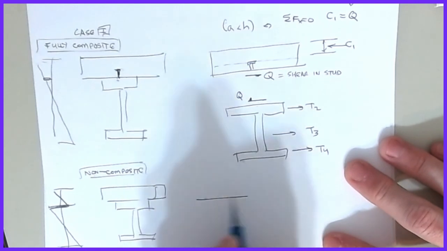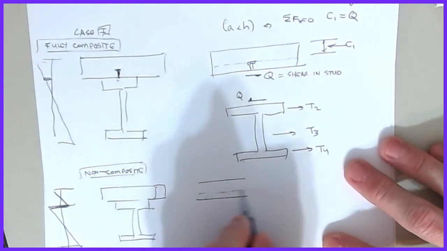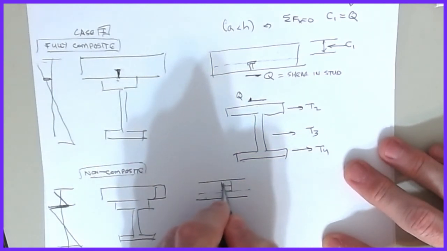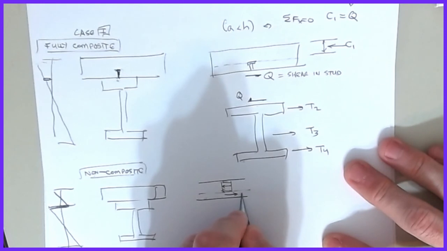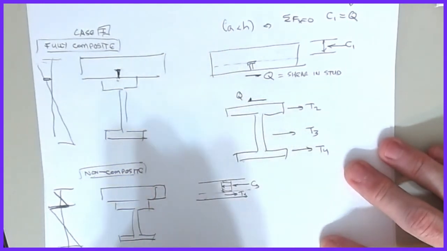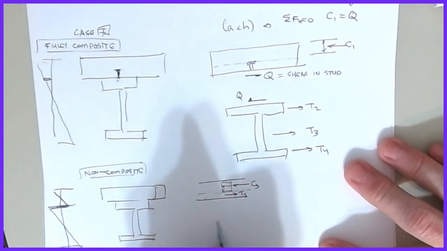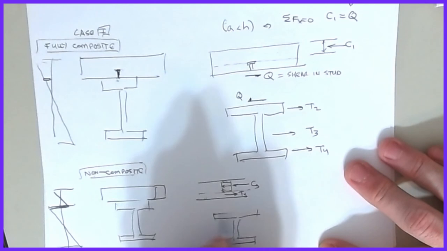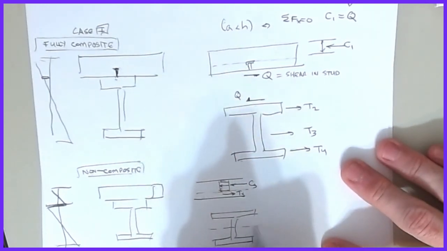So this one actually gets kind of interesting, because now, the slab, you'd have the tension of steel in the slab, I would have my CS, and then on the beam, what happens is this guy splits down the middle.